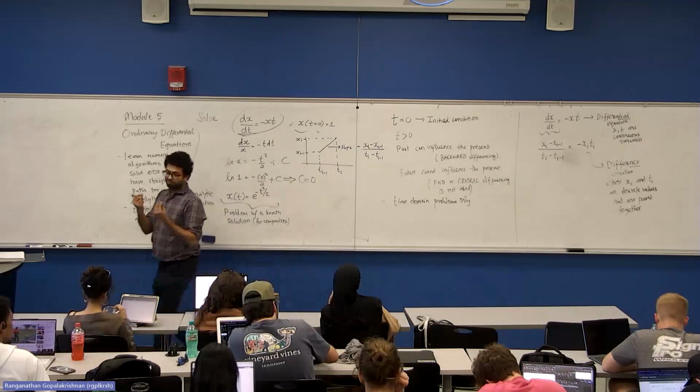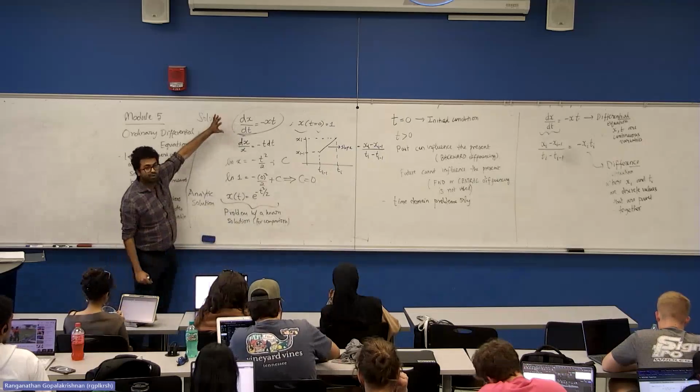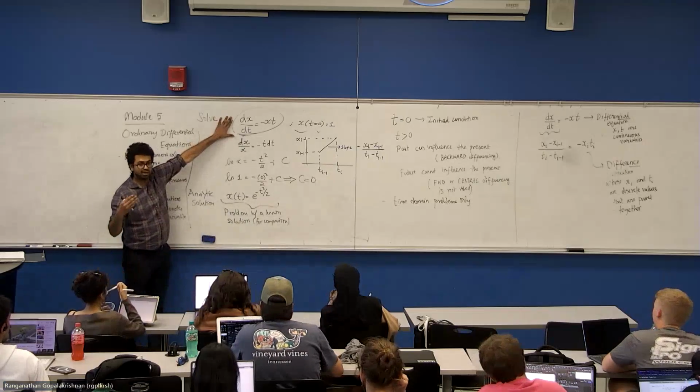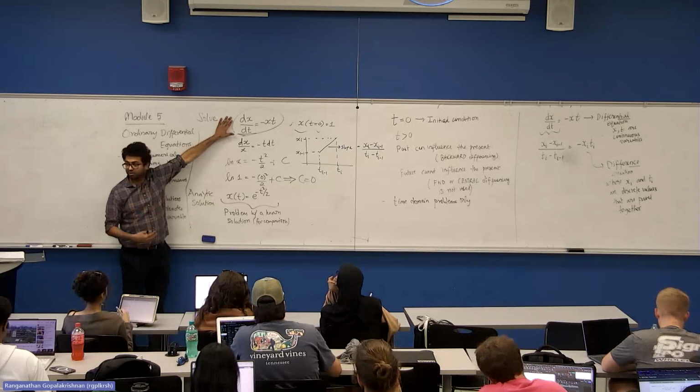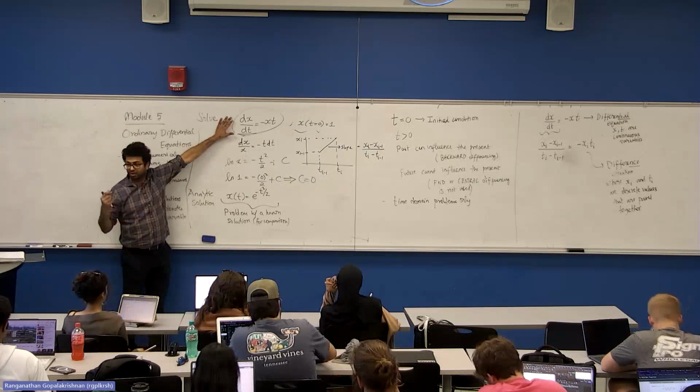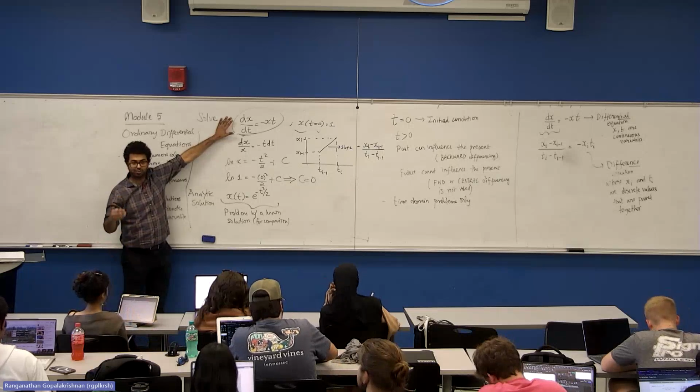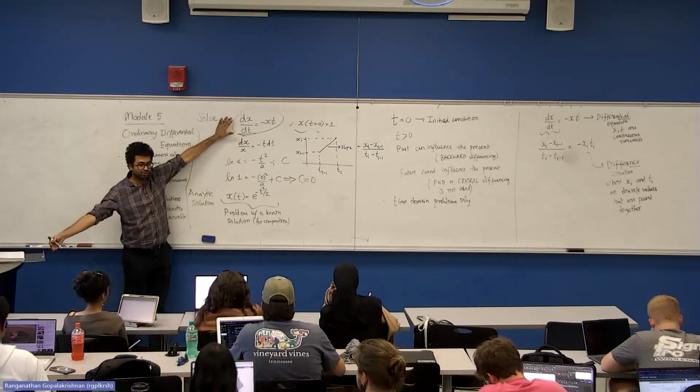Take a moment, look up, please. When you write this equation, it's implicit that time is continuous, space is continuous, that you can define 0, 0.1, 0.01, 0.001, and so on.